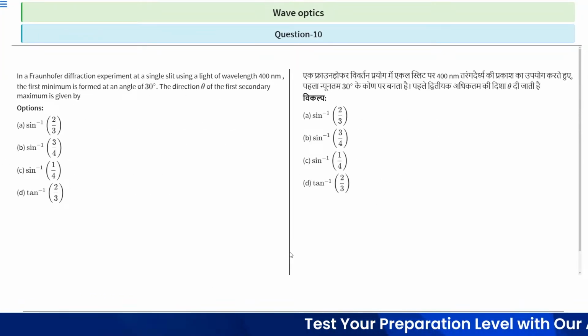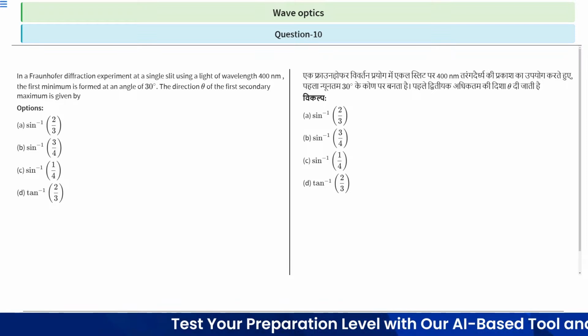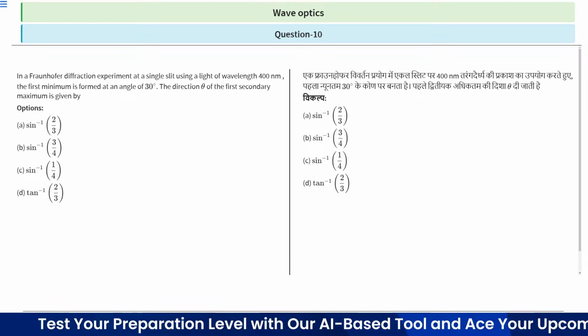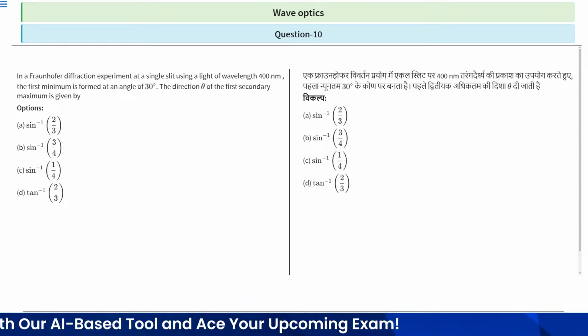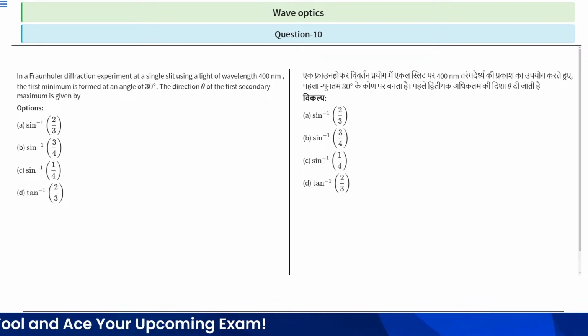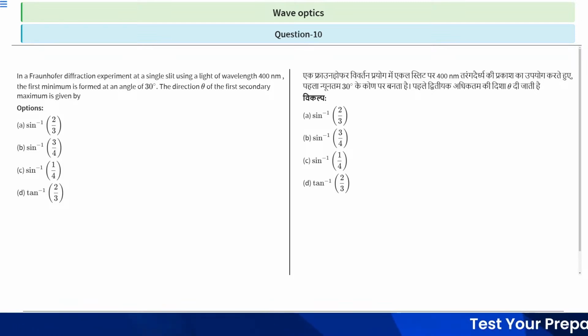Next question. In a Fraunhofer diffraction experiment at a single slit using light of wavelength 400 nanometer, the first minimum is formed at the angle of 30 degree. The direction theta of the first secondary maximum is given by what?